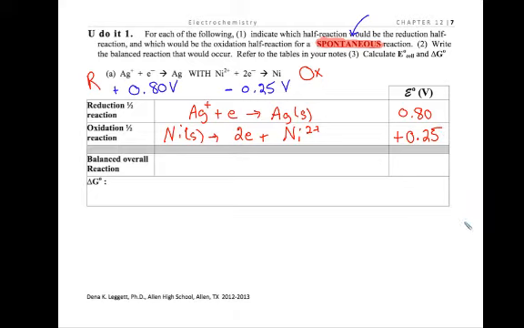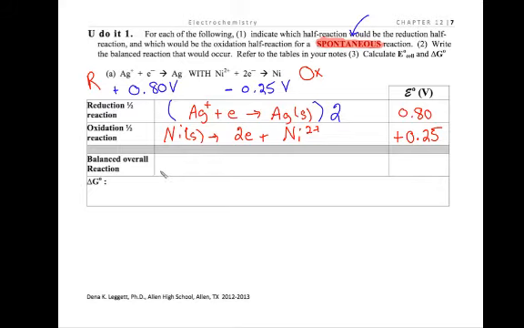Now, since I reversed this, notice that I have to change the sign of the potential. If I want a balanced overall reaction, I need to exchange the same number of electrons. This is pretty straightforward. I'm going to multiply this by 2, but notice I do not multiply E0 by 2.